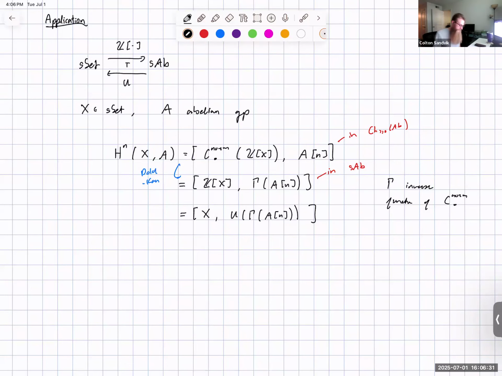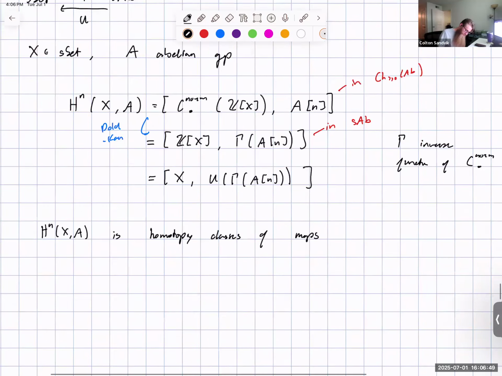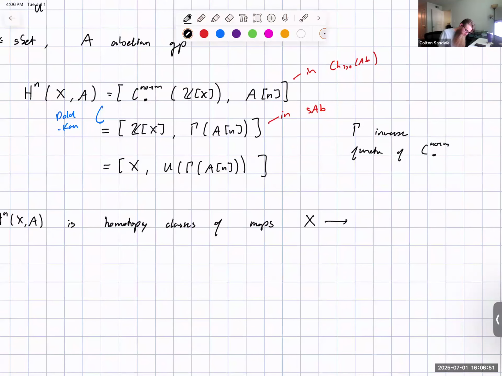But what this is really saying is that H^n of X with coefficients in A is homotopy classes of maps from X to this simplicial set here.